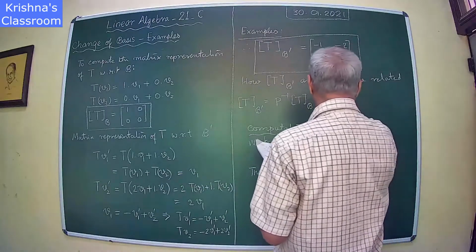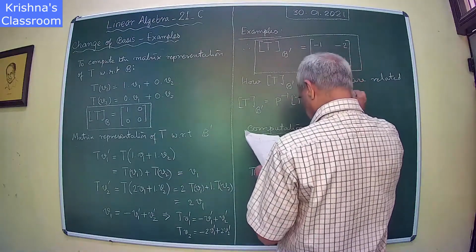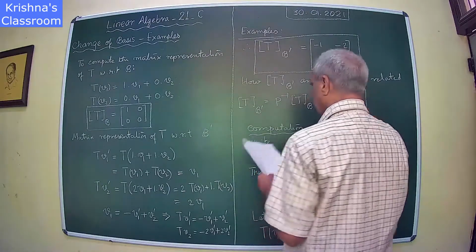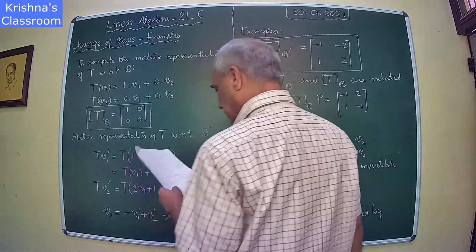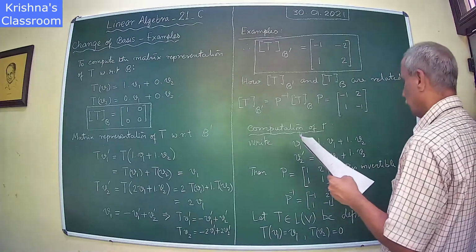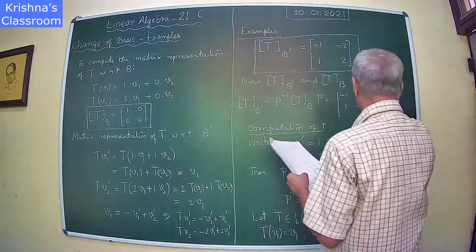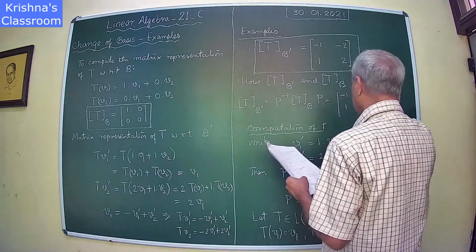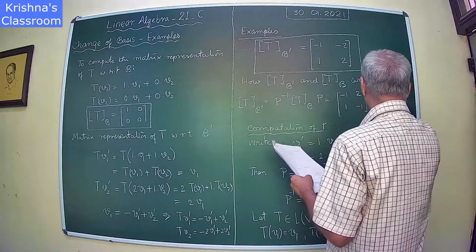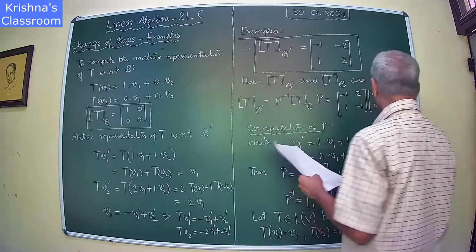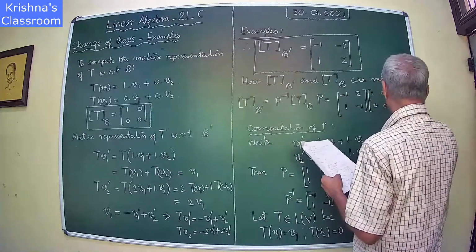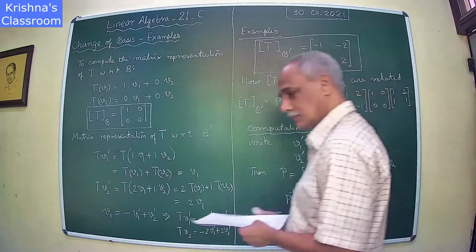This is equal to minus 1, 2, 1, minus 1, that is P inverse. We have already computed this. And T_B is 1, 0, 0, 0. And P is given by 1, 2, 1. Let us compute this.